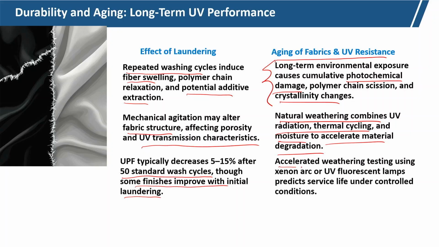Next, accelerated weathering testing. The aging effect is long term, so we cannot easily predict how it will be after 1 year or 2 years. So, an accelerated weathering test is done using xenon arc or UV fluorescent lamps to predict the severity of the effect, and the service life can be predicted under controlled conditions.